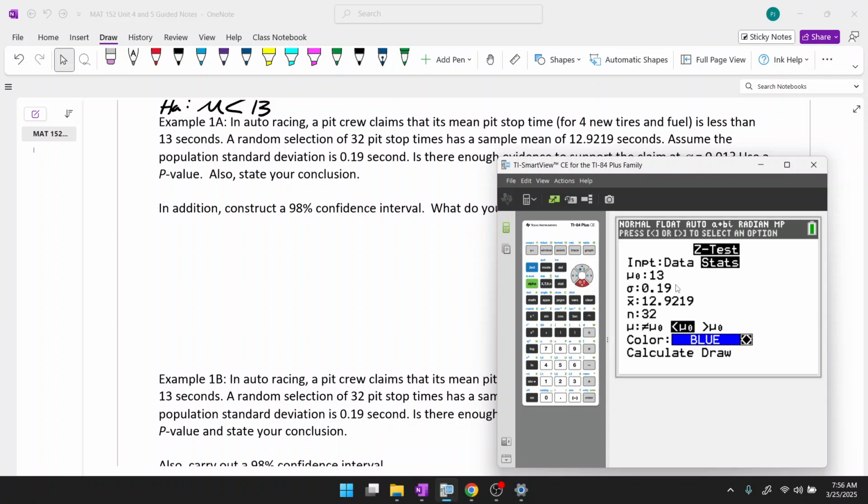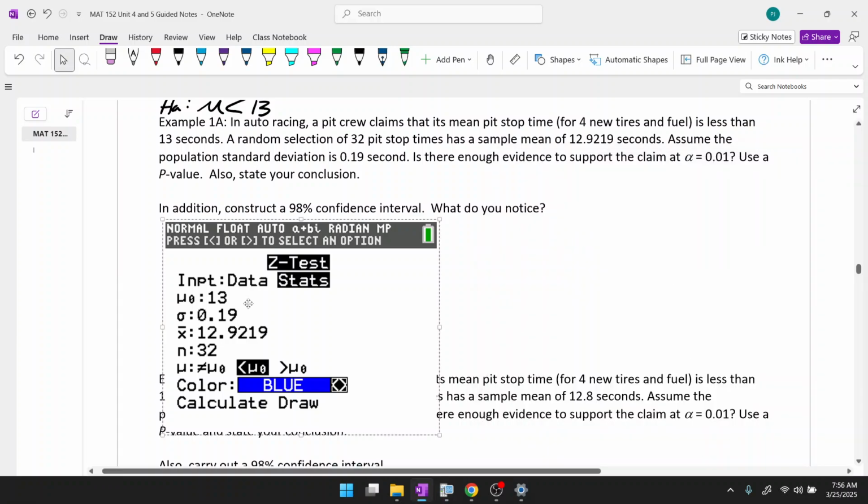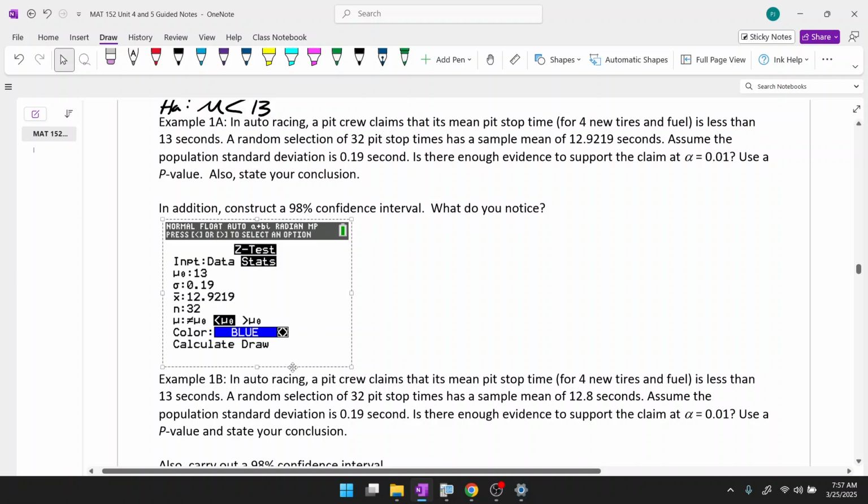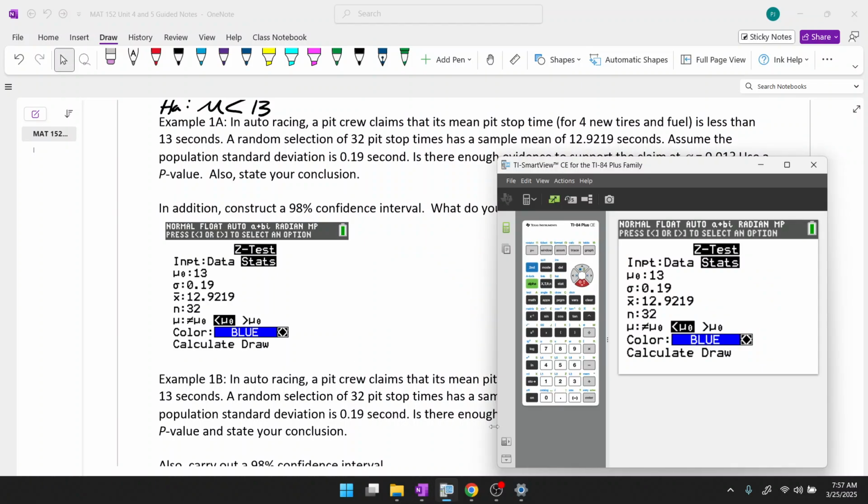So when you do that, I'm going to kind of post this here. Basically, again, for 1B and 1C, the only thing that's going to change on all three of these is that sample mean. That is the only thing that will change. Just the sample mean. So, what we're going to do here now is go ahead and carry this thing out.